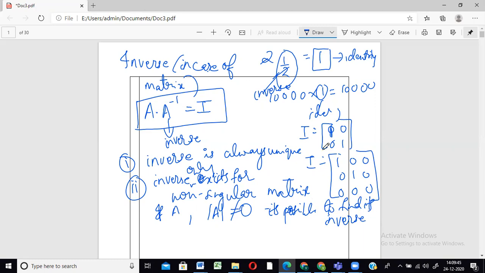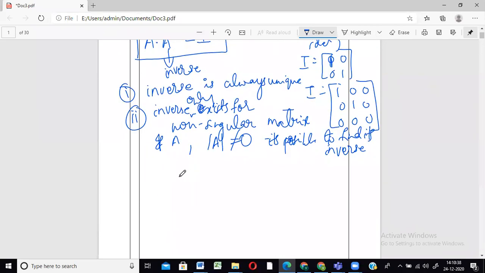Now, in case they tell you, for a 2 cross 2, just an example I'll tell you. Also, if the inverse exists for that matrix, then that matrix is called an invertible matrix. So please remember there are many names.